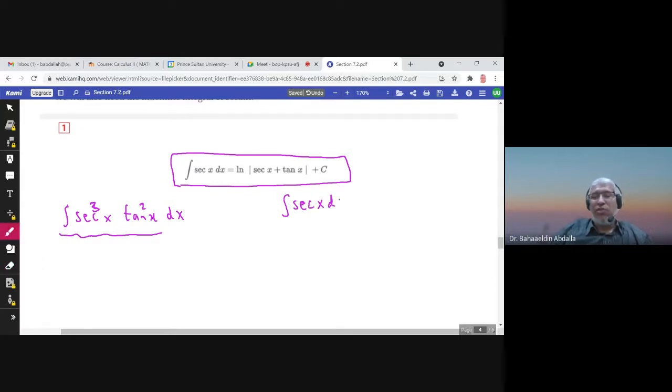you need to do a small trick here. I multiply by secant x plus tan x over secant x plus tan x.